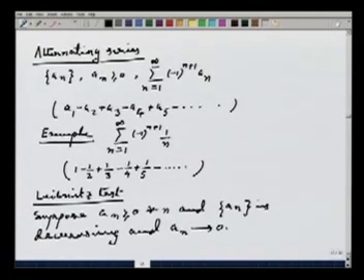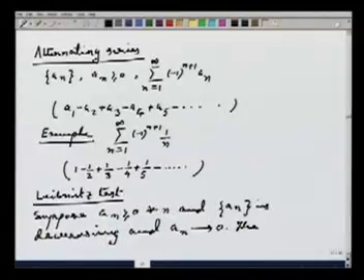So what are the properties? I have a sequence a_n such that elements are non-negative, it is decreasing and it converges to 0. Then the alternating series, summation n from 1 to infinity, minus 1 to the power n plus 1 a_n, converges.